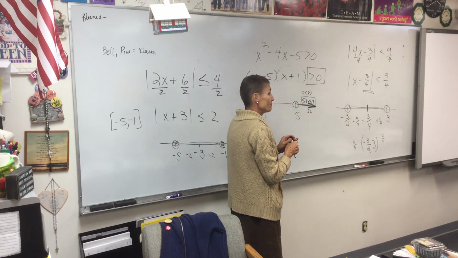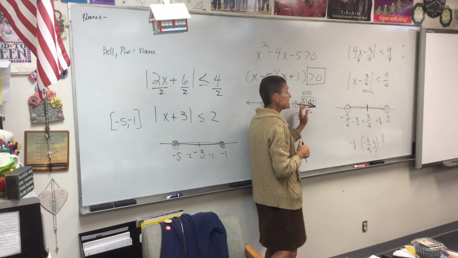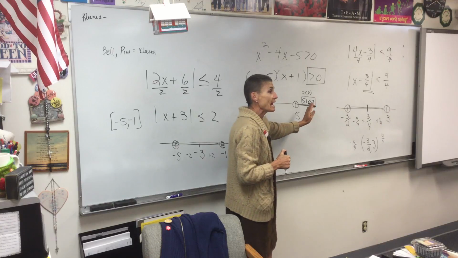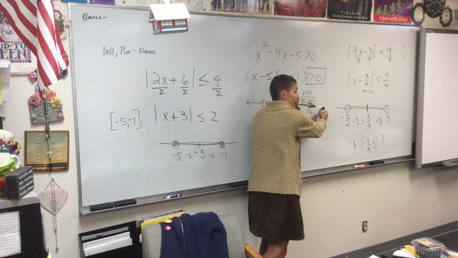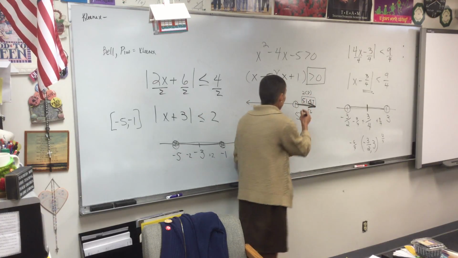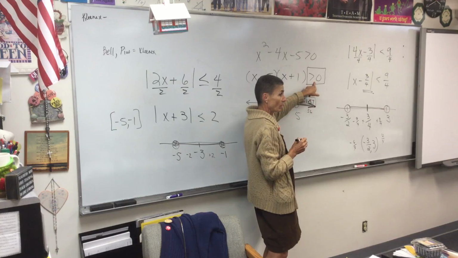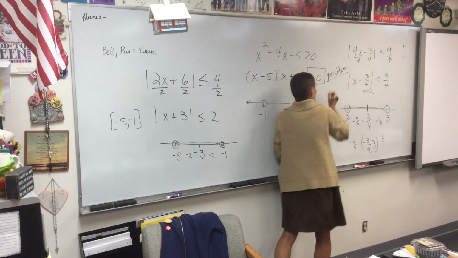I'm going to plug in any number over here that I want, any number that's bigger than 5, and it would give me a positive result. So I'm going to color in that because positive is what I wanted. Sometimes I even write the word positive to remind myself. Positive is what I want.